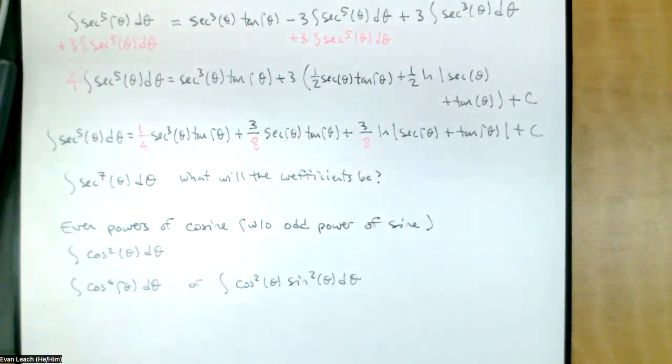Since it's already come up with the tangent thing, it's specifically even powers of cosine without odd powers of sine, or even powers of cosine paired with an even power of sine. Essentially, non-substitution.